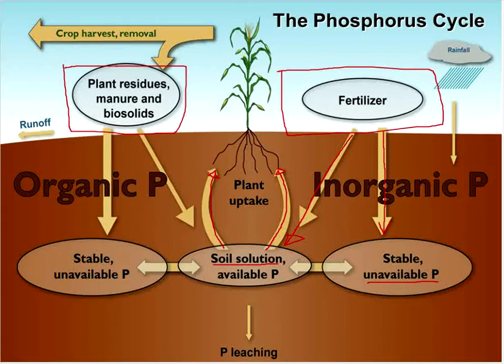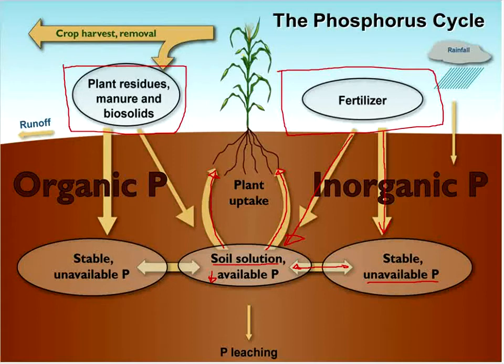So the concentration in soil solution phosphorus will go down. Well, that triggers an equilibrium type of reaction. So what this arrow here indicates is that this soil solution pool is trying to remain at an equilibrium, or a steady state, if you will, with the stable phosphorus pool.